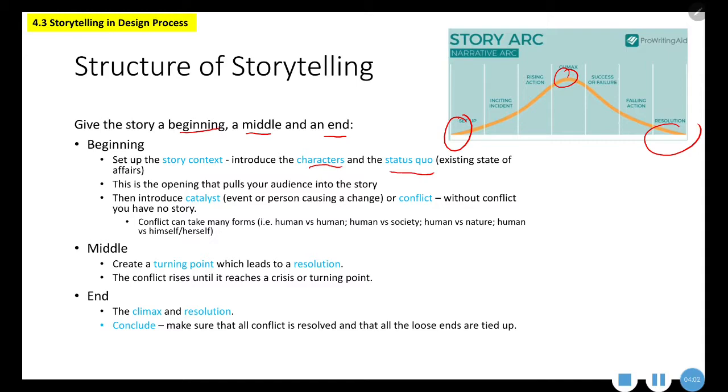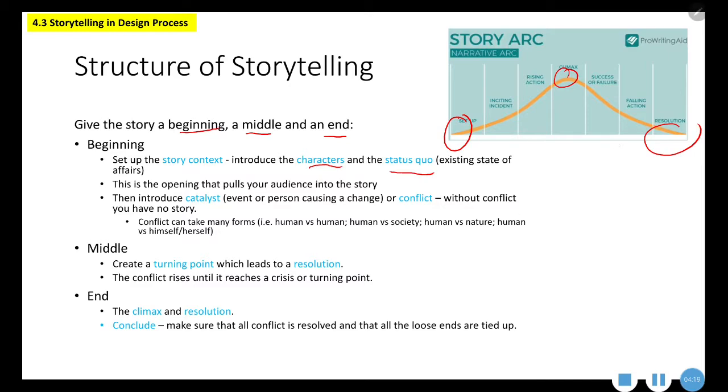And then in the middle part of the storytelling, you create a turning point which leads to a resolution of the conflict. The conflict will rise until it reaches a crisis or turning point in the middle.